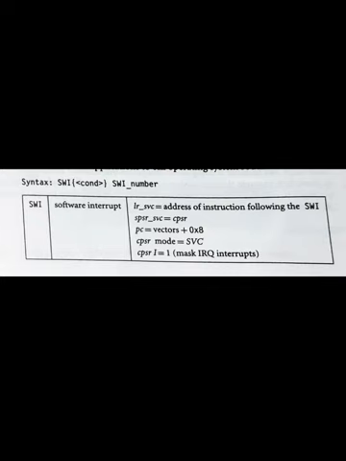In that, the figure shows the syntax SWI followed by the SWI number, which is the software interrupt, where LR is the address of the instruction following the SWI instruction. That means the CPSR masks the IRQ interrupts.